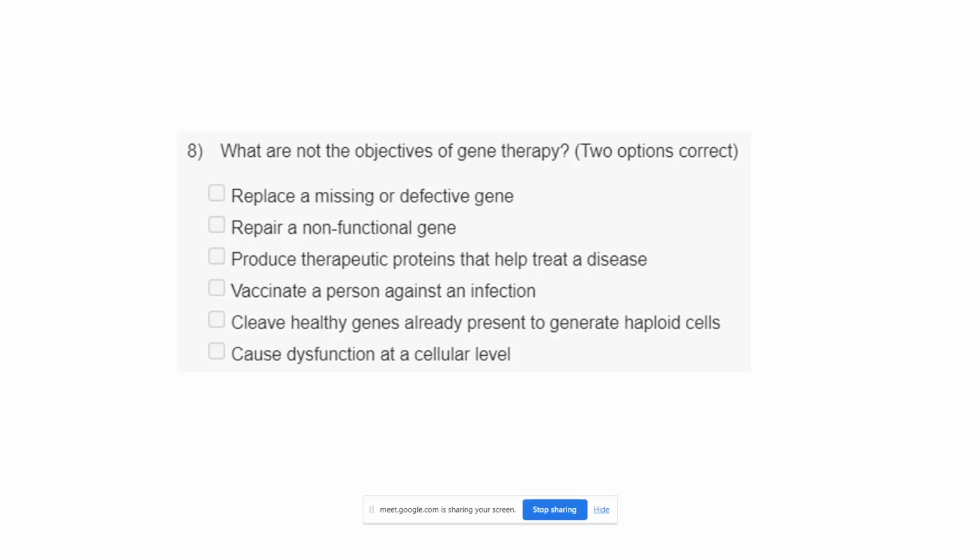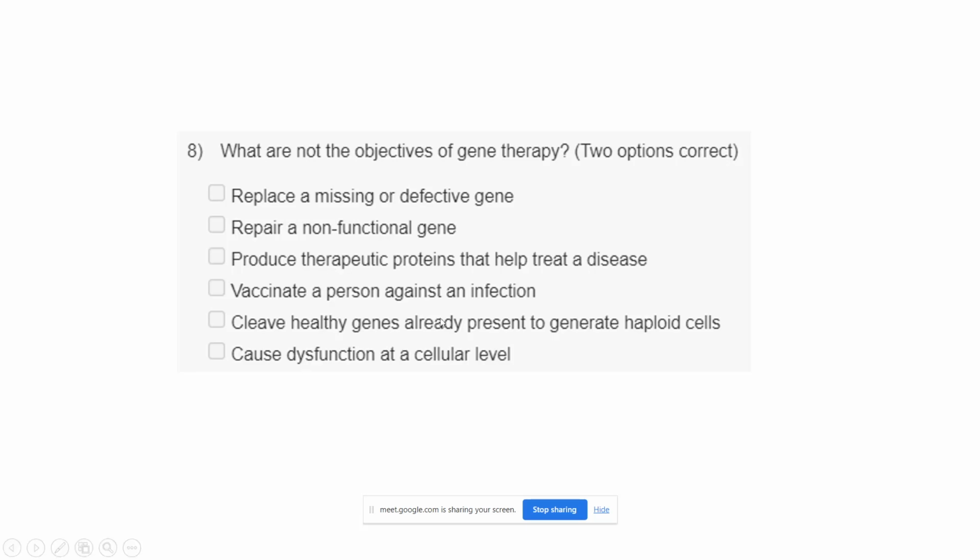Anyone else? Yes, last two options are correct.